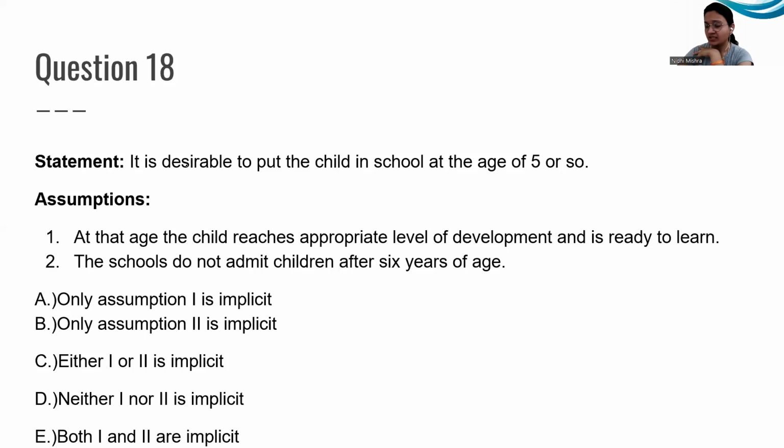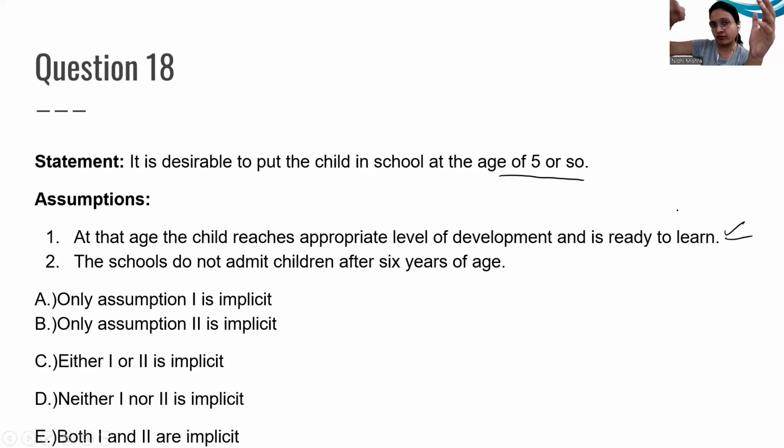See, this kind of thing can happen in the exam also. Anything can happen. That's why I'm trying to make you aware of these things. Now let's try this question. Question number 18. Statement. It is desirable to put the child in school at the age of 5 or so. What can be the assumptions? At that age, the child reaches an appropriate level of development and is ready to learn. Yeah, this is implicit.